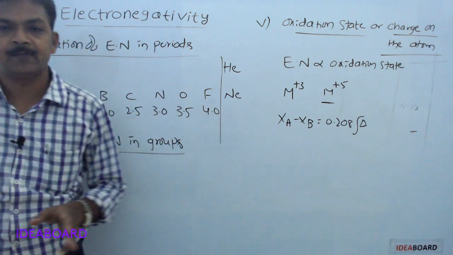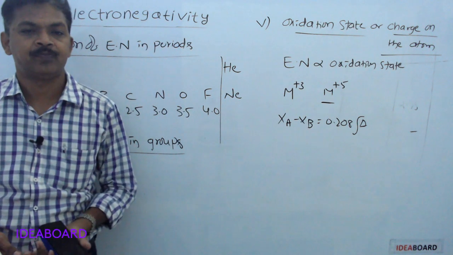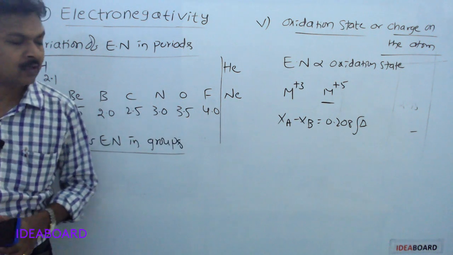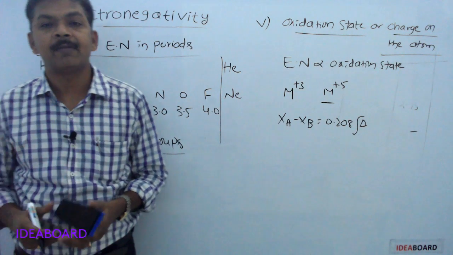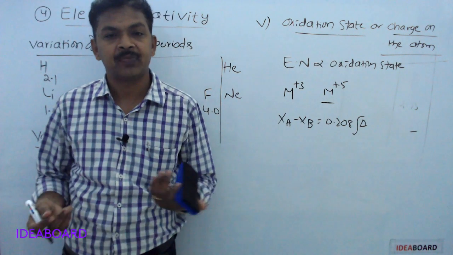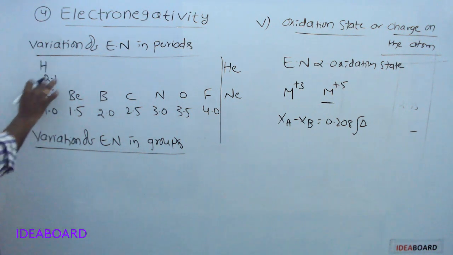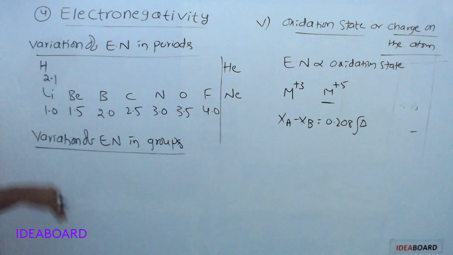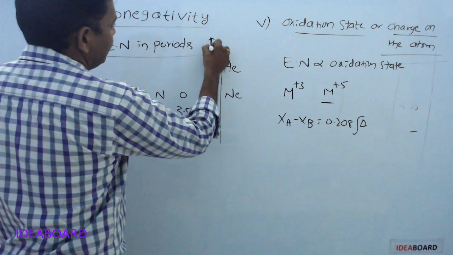As atomic size increases, tendency of an atom to attract the electrons decreases. So in groups, it decreases. See, for hydrogen 2.1, for lithium 1, for sodium 0.9. So top to bottom decreases. In periods, increases.